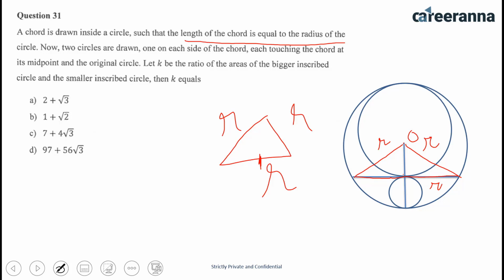The important thing is we need to find its height. Height we can find directly using this formula: H is equal to root 3 upon 2 R. Let D be the diameter of the biggest circle.